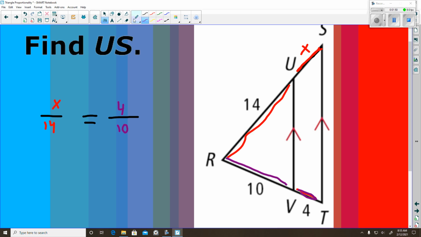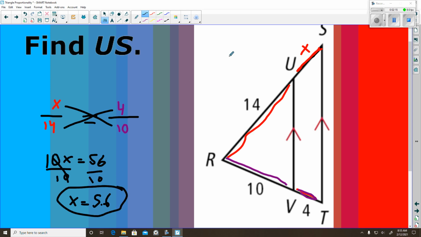And that's the proportionality theorem. Again, small over big equals small over big. So you can cross multiply, and you're going to get 10x equals 56. You're going to divide by 10, and x is going to equal 5.6. And so that's how you do the proportionality theorem.